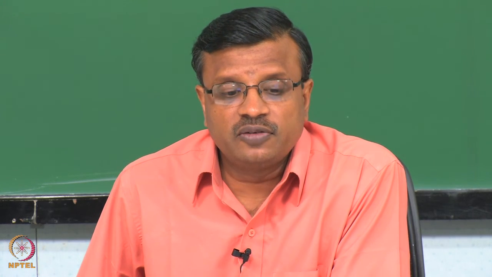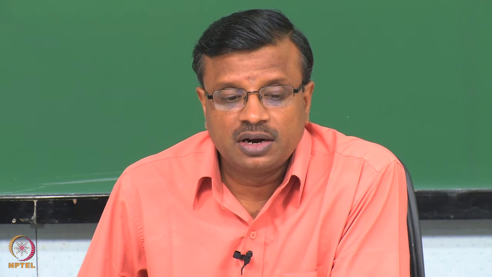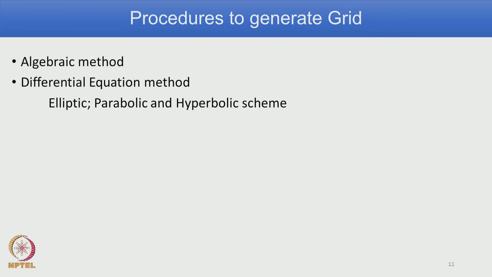Then there is a differential equation procedure, and you can recognize it has either elliptic type or parabolic type or hyperbolic scheme available. Then there is also a variational method, and there is also a procedure called adaptive grid.